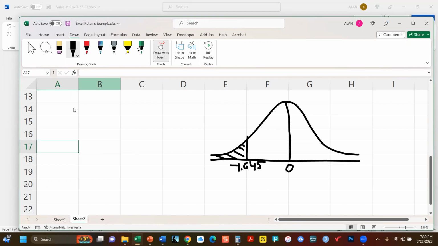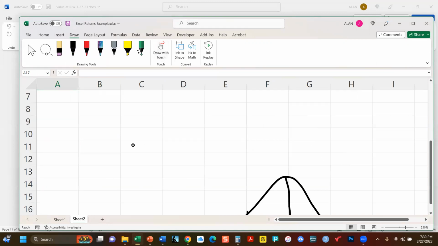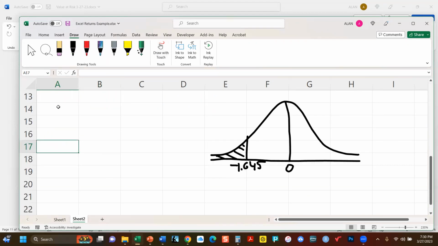In order to identify that 1.645, what you would actually do is use an Excel function. Let me type this in here.